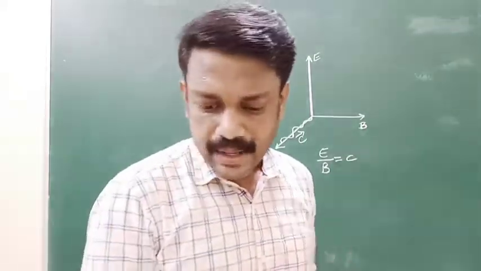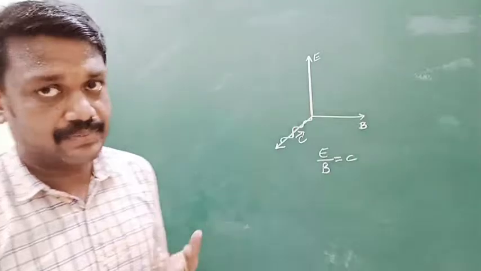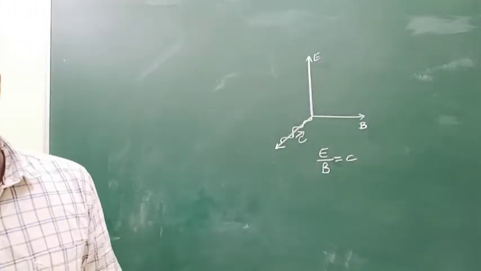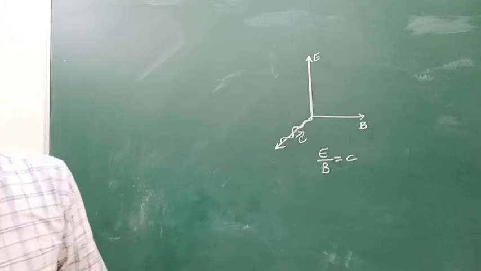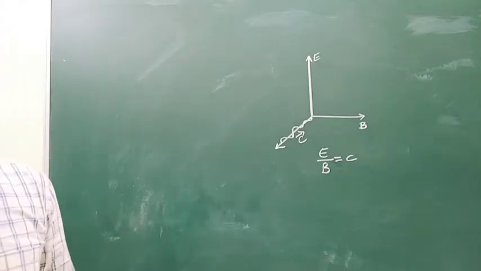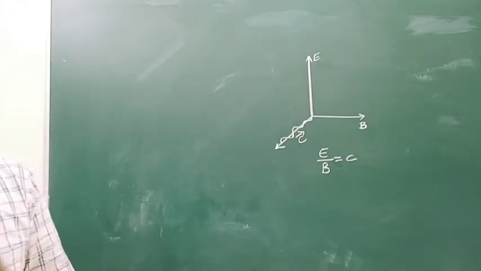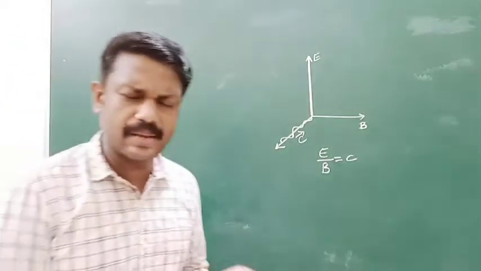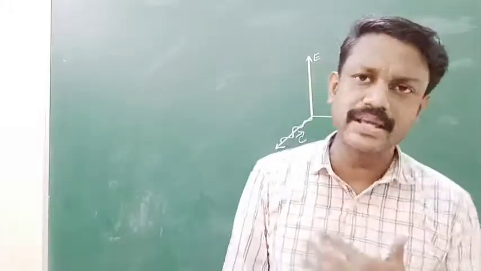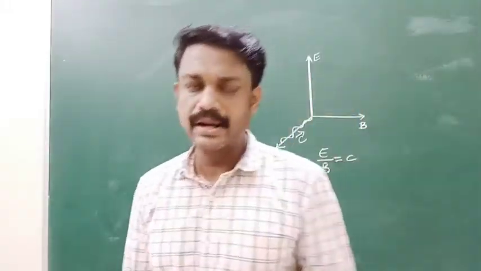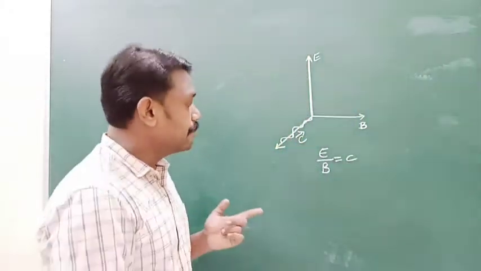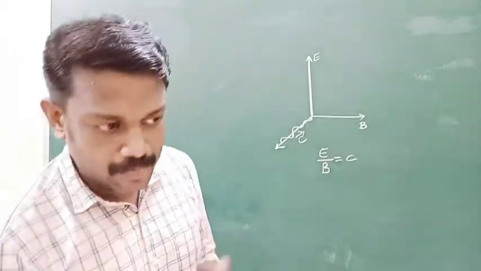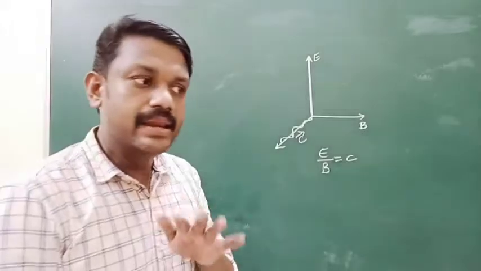So these are the energy densities. One more point is energy density. Energy density in electric field E in vacuum is 1 by 2 epsilon 0 E square, and along the magnetic field it is 1 by 2 B square by mu 0. We have already said that energy is distributed equally along electric field and magnetic field: 1 by 2 epsilon 0 E square in electric field, 1 by 2 B square by mu 0 in magnetic field.